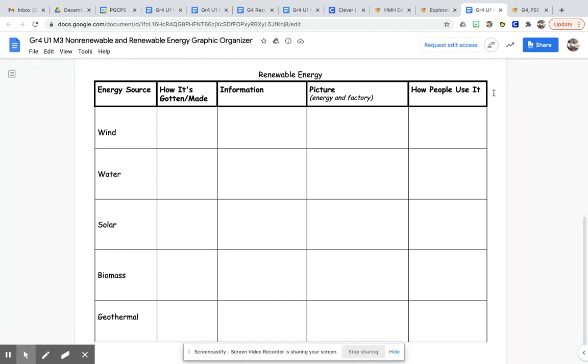And so in your chart, you should be listing for each of our renewable energy sources how it's made or where it comes from. You're going to give a little bit of information about it. You're going to find a picture online to insert, and then you're going to talk specifically about how people use it. You can find those answers on the internet.